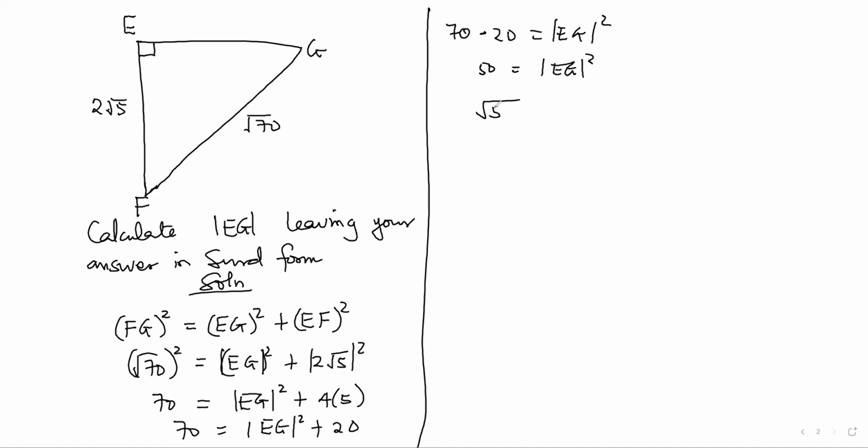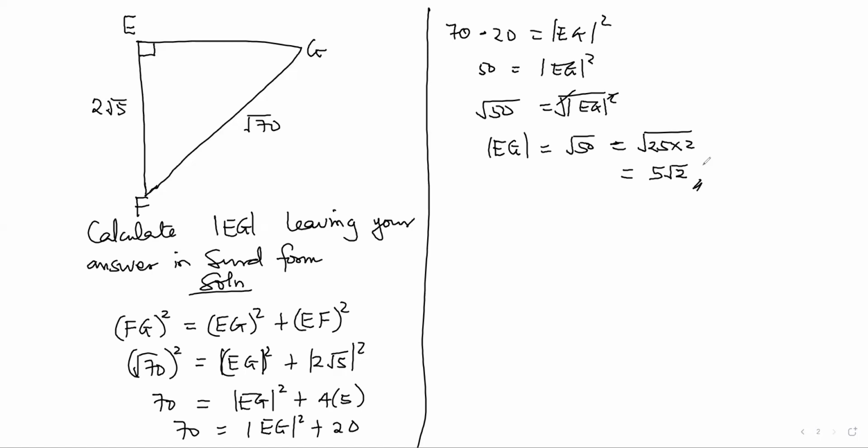Take the square root of both sides. Let's cancel this then. Our EG will be the square root of 50. Yeah, we need to reduce this to the basic form. This will be the same as square root of 25 times 2, which is 5 root 2. Okay, so 5 root 2 is the answer. 5 root 2 units.